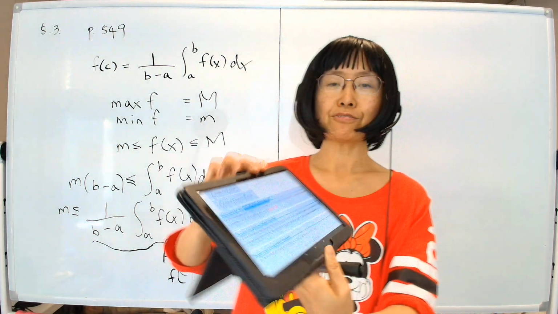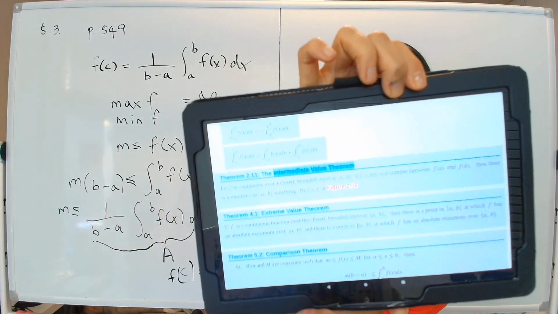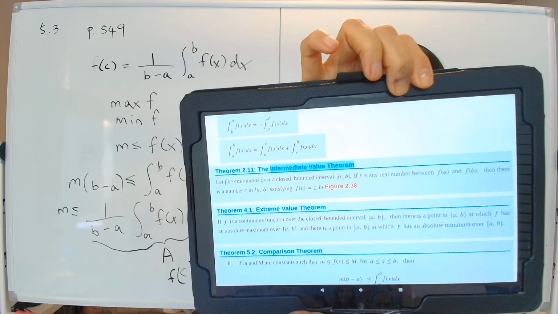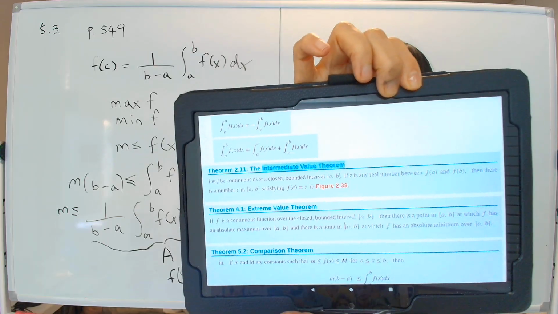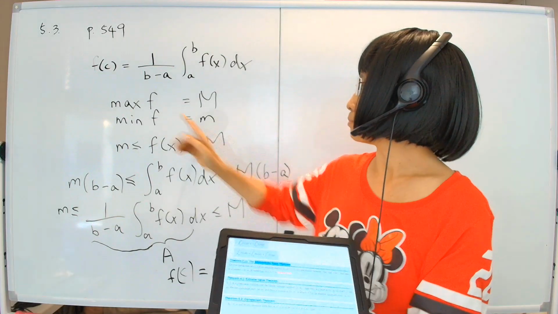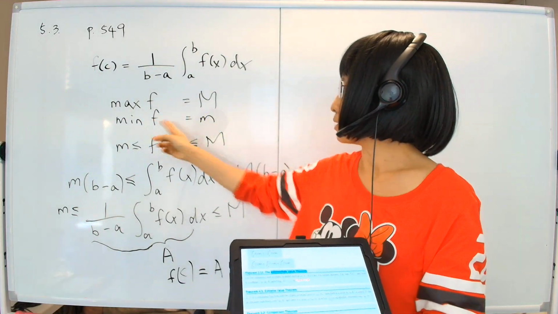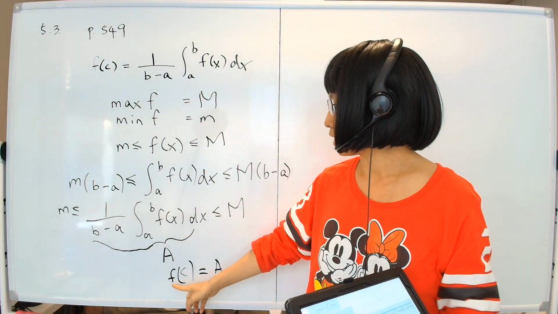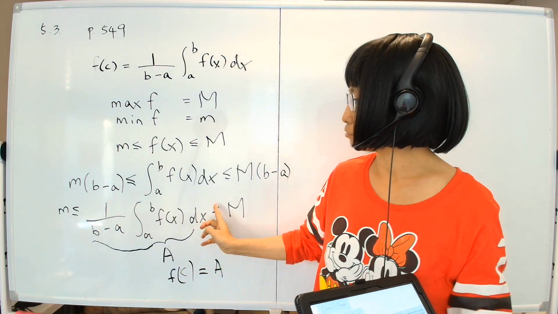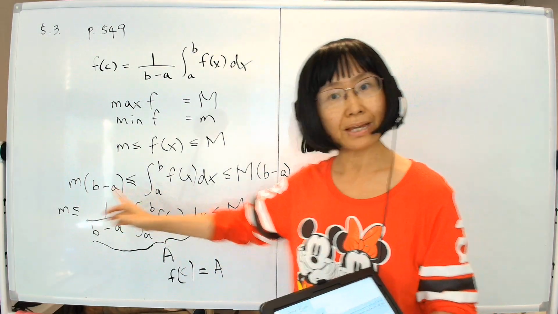Again, to repeat the intermediate value theorem: if the function reaches two values, big M and small m, the max of f is here and the minimum of f is here, that means you can find a number c such that f of c equals whatever number is in between big M and little m.